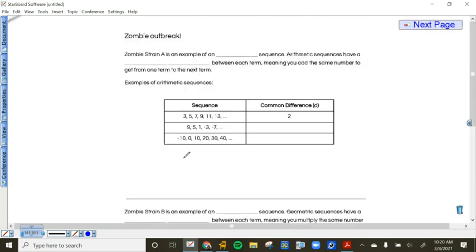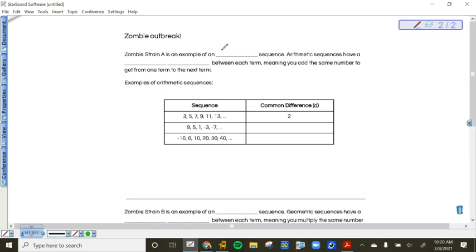And just a reminder of what we were talking about last week. Can you try and guess what type of sequence, an arithmetic or a geometric, strain A is? What type of sequence is strain A?